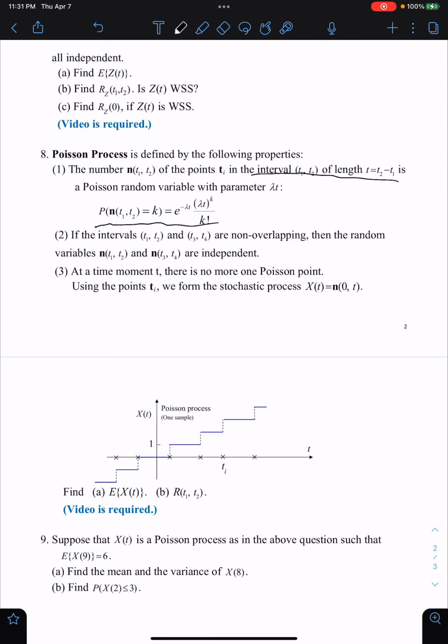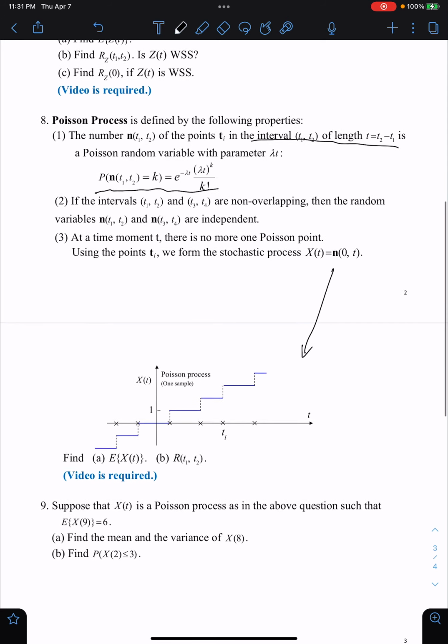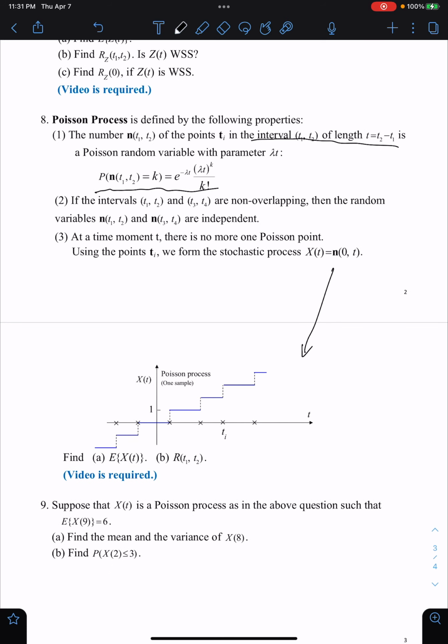Using the points ti, we form the stochastic process X(t) equals N(0, t), and the graph is shown like this. The first question is to find the expectation of X(t), and the third question is to find the autocorrelation of t1, t2.